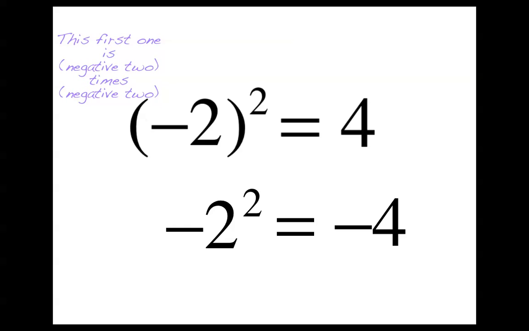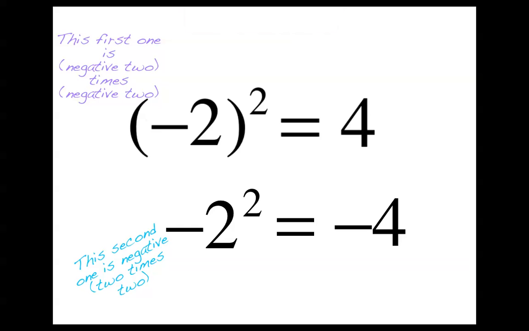But I want to point out to you that this first one really means negative 2 times negative 2 because you're squaring the whole thing that's inside the parentheses. You're squaring that whole negative 2, so you're going to do negative 2 times negative 2. On the second one, it's really just 2 times 2 with a negative sign in the front, and 2 times 2 is 4, and with a negative sign in the front, that's negative 4.